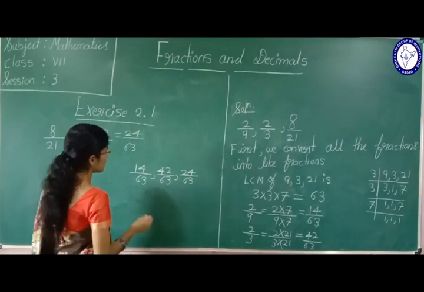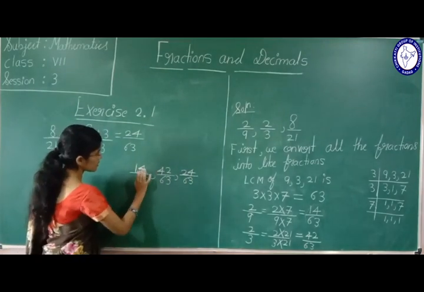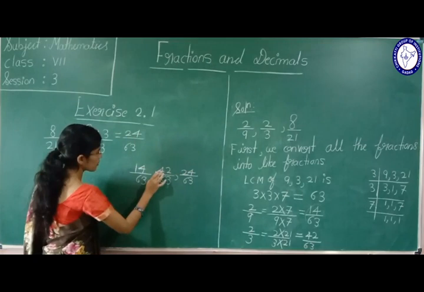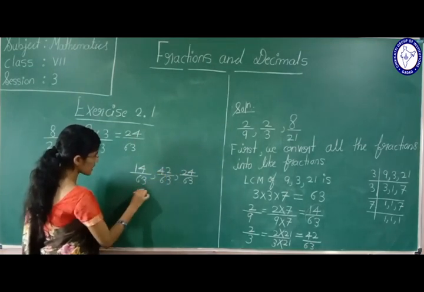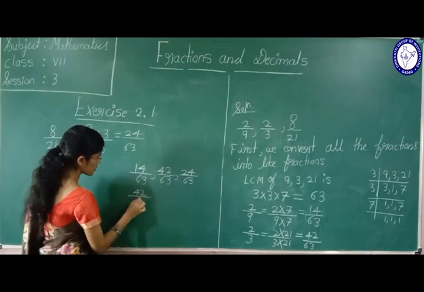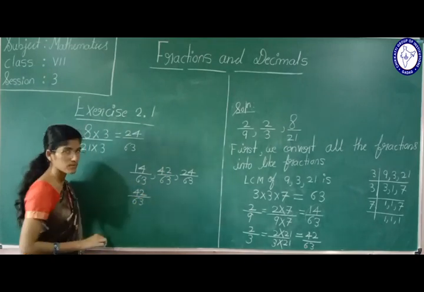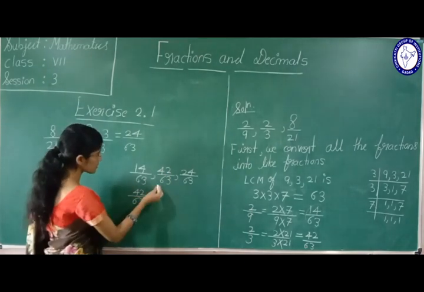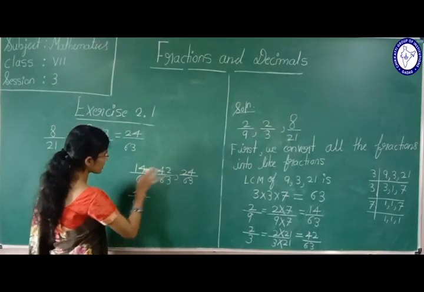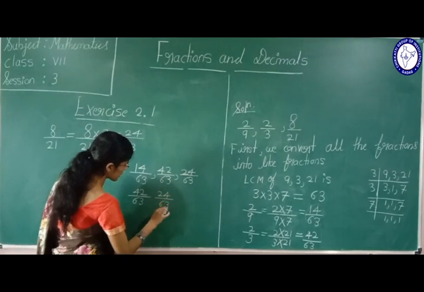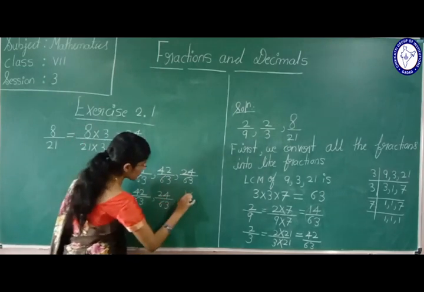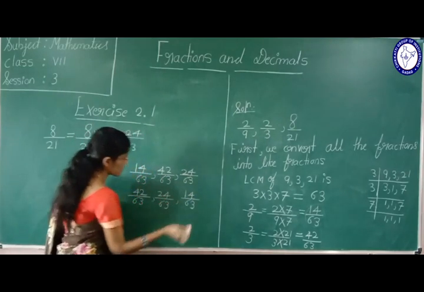Now see here, which is the bigger here? 42, yes or no? Here 42 is bigger. Means first 42 by 63. Okay. Afterwards, which is bigger here? 24, 24 by 63. Afterwards, 14 by 63.